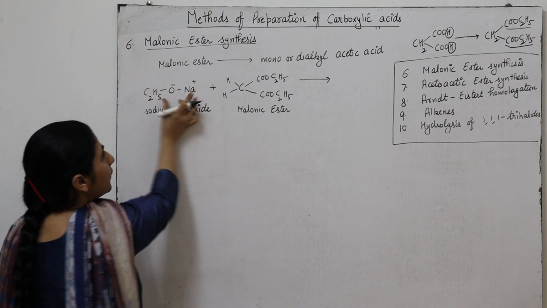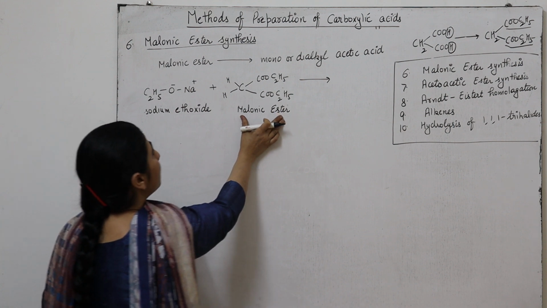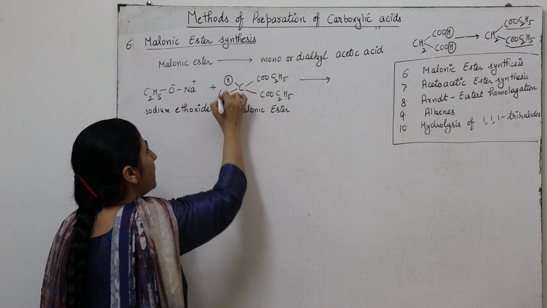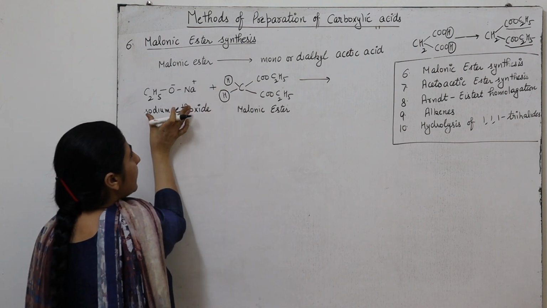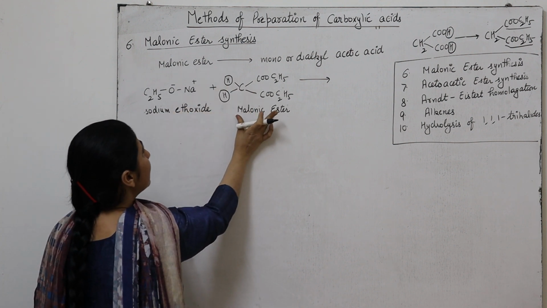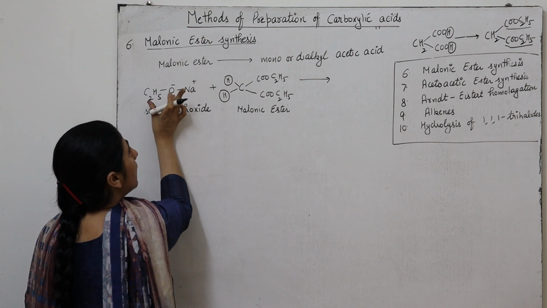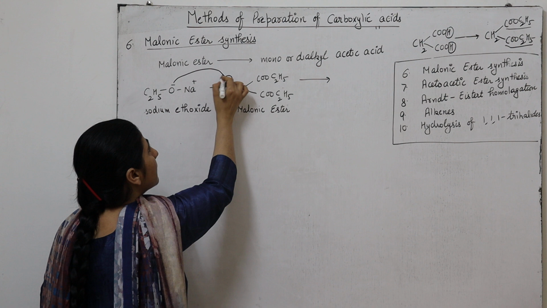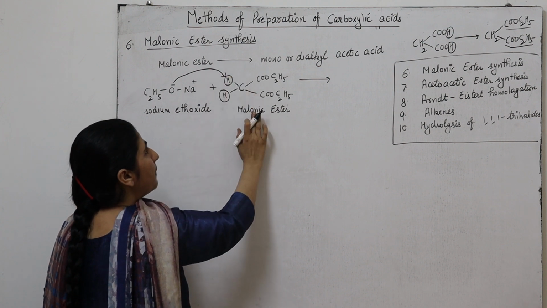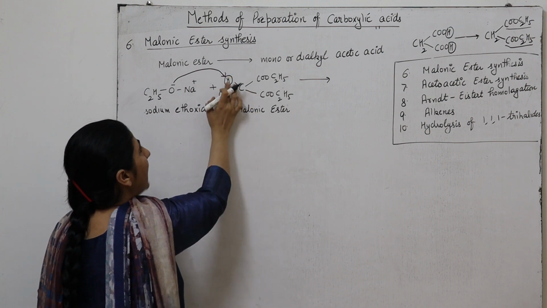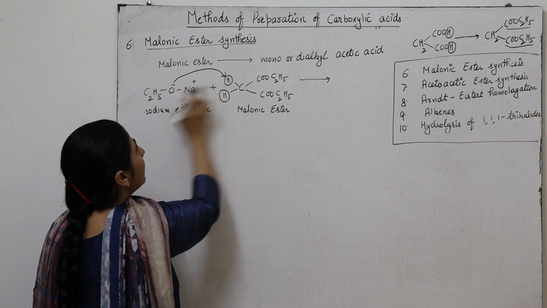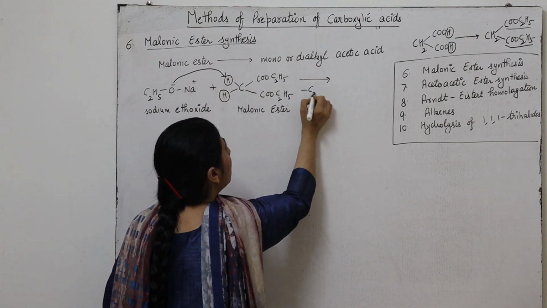When it comes closer to the malonic ester, which has 2 ionizable hydrogen atoms, the ethoxide abstracts H positive from the malonic ester, and it is eliminated in the form of ethyl alcohol.